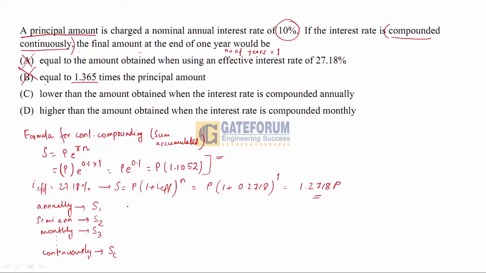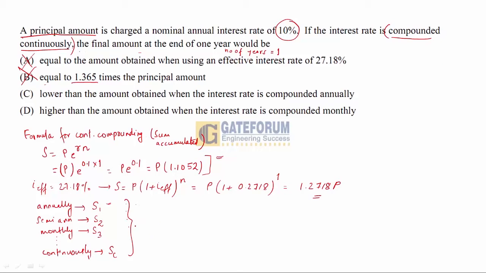Okay, so friends, what can we say from these values of sum? When the compounding is done only once at the end of 1 year, the sum is S1. Now when I'm saying that the compounding is done 2 times in a year, what I'm saying is that I have increased the interest periods in a year. Earlier when it was annual compounding, the interest period was only 1. But now when it is semi-annually, the interest period is how much? 2, because semi-annually means 6 months plus 6 months.